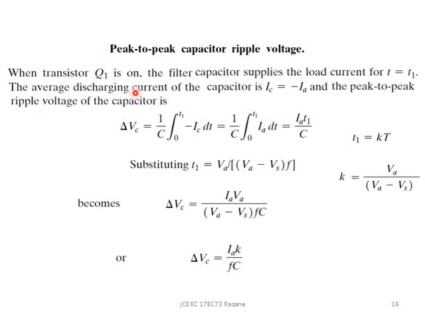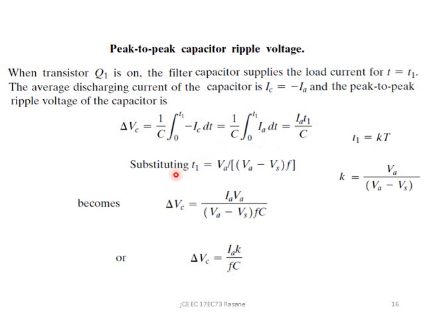The average discharge current of the capacitor Ic becomes equal to minus Ia, and the peak to peak ripple voltage of the capacitor can be shown as delta Vc is equal to 1 upon C integral from 0 to T1 of minus Ic dt, which is equal to 1 upon C integral from 0 to T1 of Ia dt, because Ic is equal to minus Ia. On substitution, I will get Ia into T1 upon C.